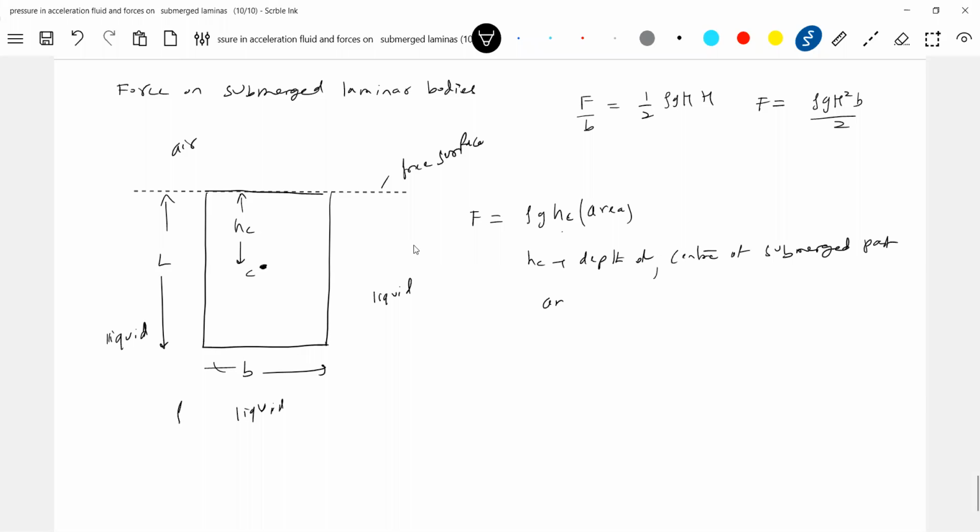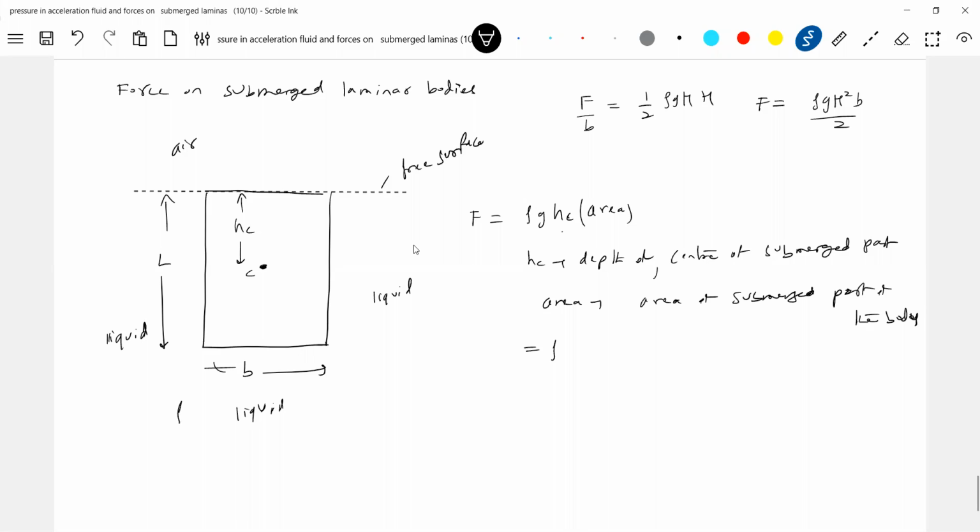And what is area? Area of the submerged part of the body. Because sometimes the area will not be submerged completely, no?